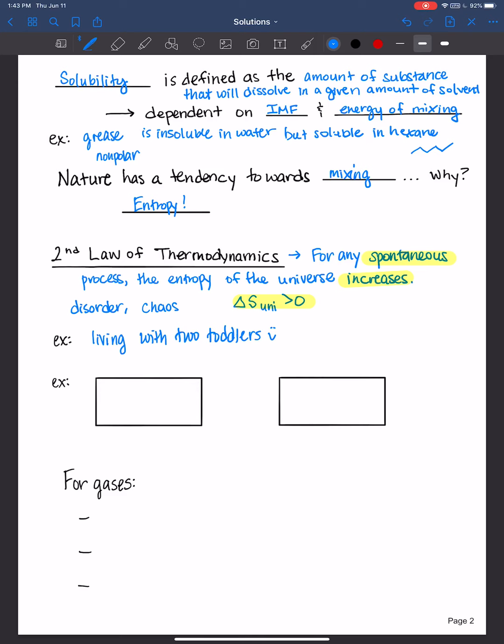But the second my kids wake up, they want to play with all their toys. My 2-year-old son takes the buckets out and starts to dump them everywhere. And I've learned to be okay with it. It's taken me a while. But I keep reminding myself that my kids are just proving that the second law of thermodynamics is real, that everything goes towards chaos and disorder.